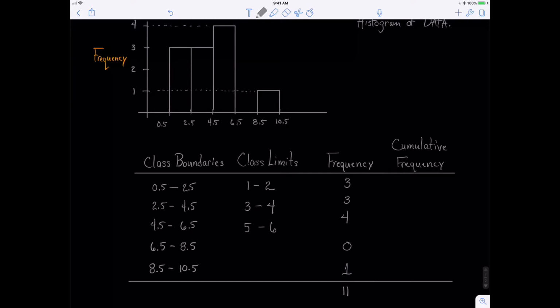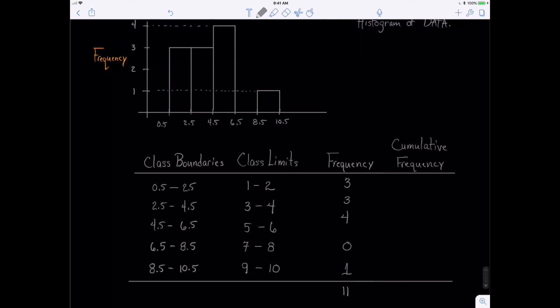For the next class of 6.5 to 8.5, my limit is the whole number just above 6.5, that's 7, and the whole number just below 8.5, that's 8. And for the class boundaries from 8.5 to 10.5, immediately above 8.5 is 9, and immediately below 10.5 is 10. And those are my class limits.